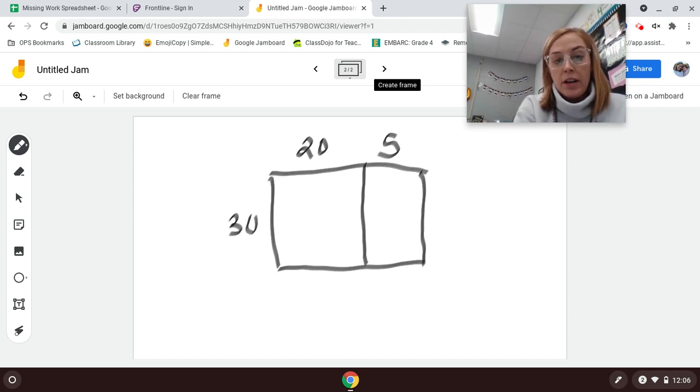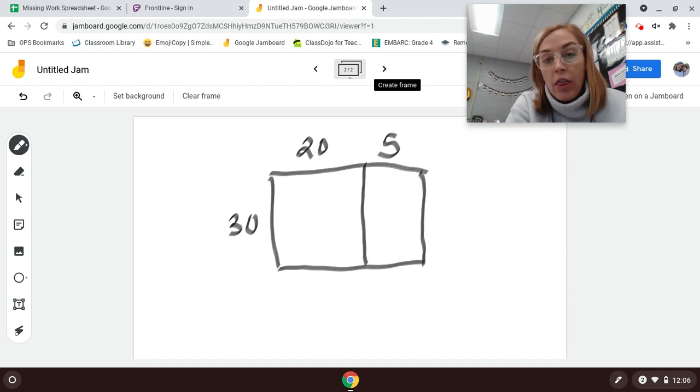And I'm going to do my 30 or my 3 tens here, right? So the first thing I want to do, really you can start anywhere you want to. I'm going to start with the 30 times 5 because for me, again, multi-digit by single digit is easier for me, right? So 3 tens by 5 ones.